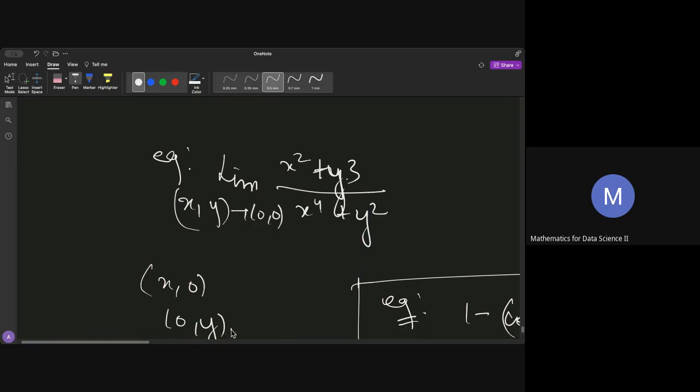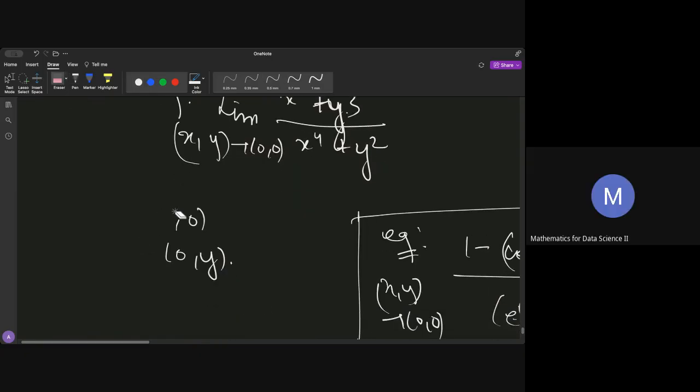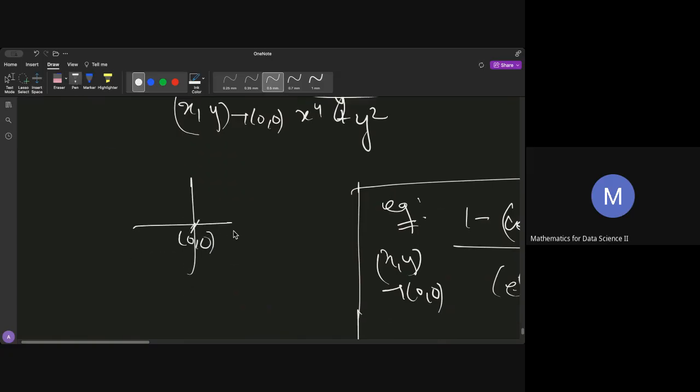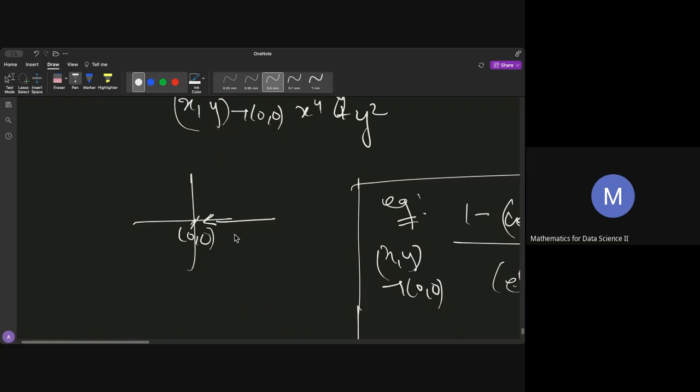If you have the 0 comma 0 point here and you want to approach it from here, that means you're taking x comma 0 kind of points going to 0 comma 0. And if you're going to approach it via the y-axis, it's 0 comma y kind of points.